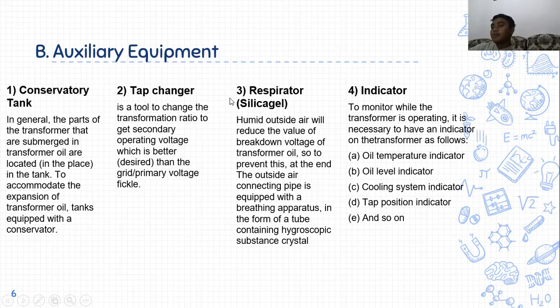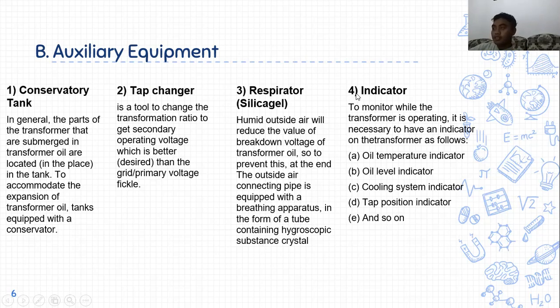Number three is the respirator or silica gel. Outside air will reduce the breakdown voltage of transformer oil. To prevent this, the end of the breathing pipe is equipped with a breathing apparatus in the form of a tube containing hygroscopic crystals.